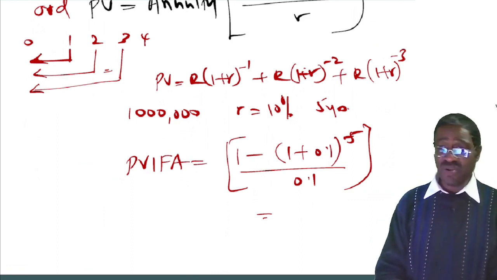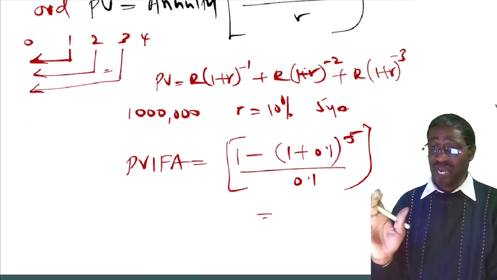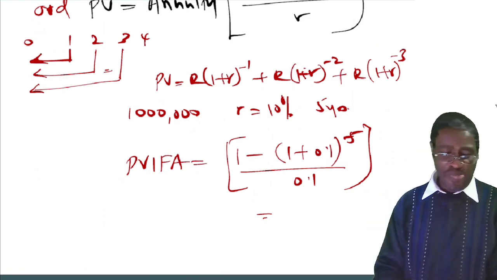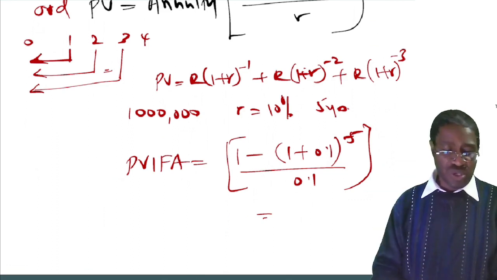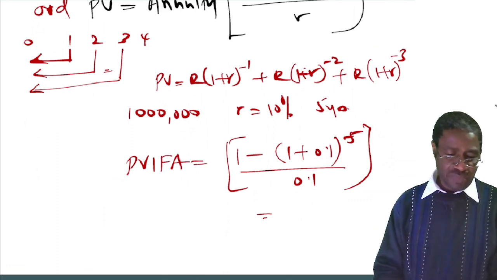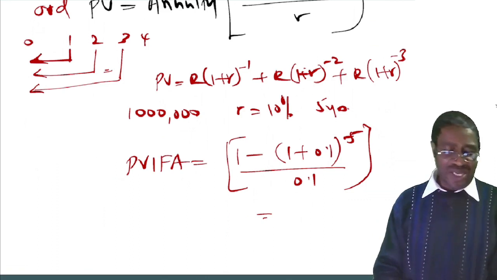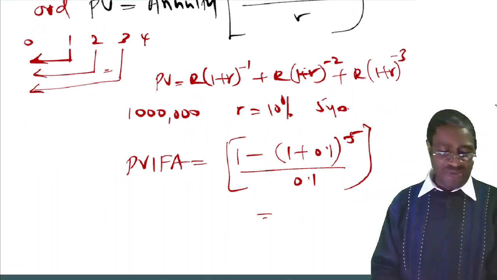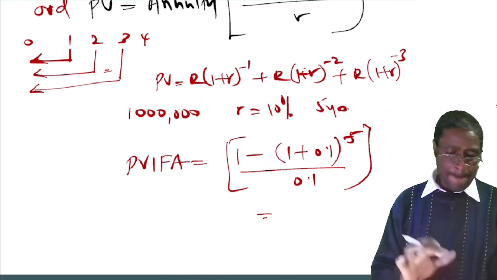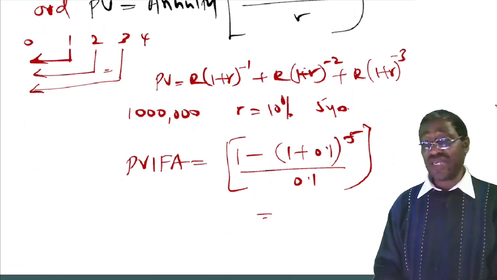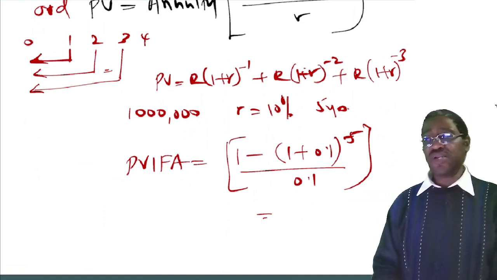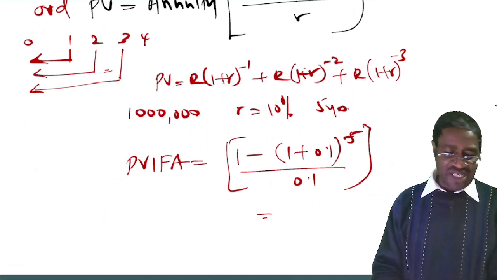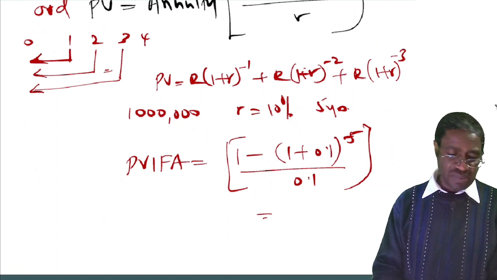What is the present value interest factor of annuity? Let me work it out. Let me take the 1 plus 0.1. 1 plus 0.1 is equivalent to 1.1. I raise that to the power of negative 5. Whatever I get, let me subtract 1. Then whatever I get, I divide that by 0.1.